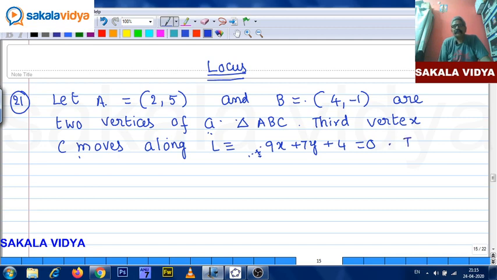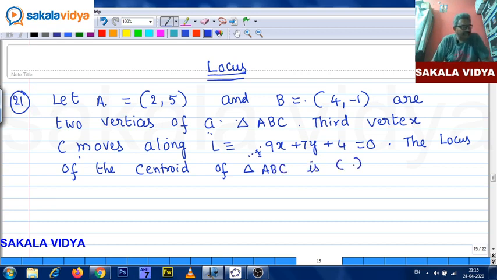The locus of the centroid of triangle ABC is, this is the question.